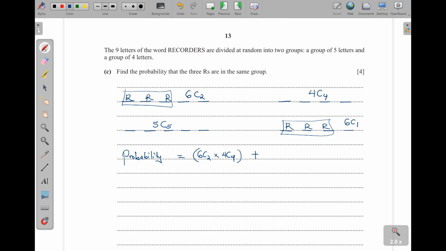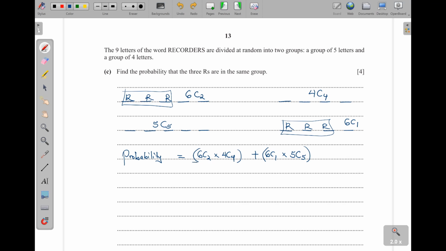Then I will also add this one: 6 combination 1 times 5 combination 5. This is also the same as saying the 6 that I'm remaining with, let me first put them in here, 6 combination 5, then the one that is remaining, 1 combination 1. So you see, 6 combination 5 is the same as 6 combination 1.